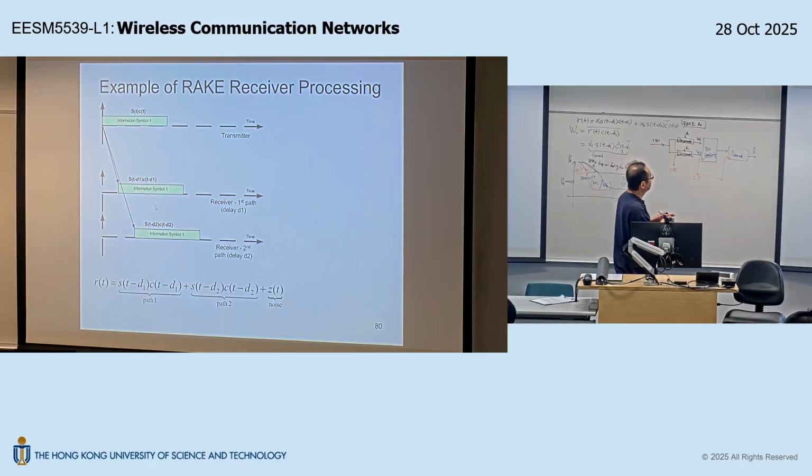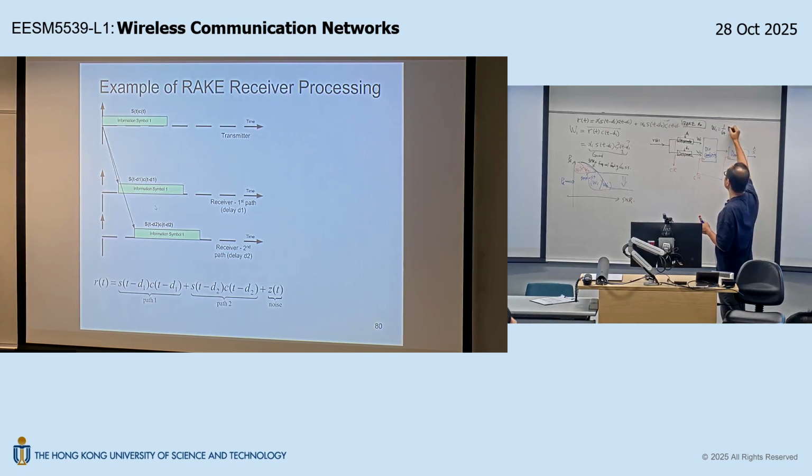Now this despreader, if I try to write down the processing equation, it's simply like this. I'm using 64 as my example spreading factor. So W1 is 1 over 64, summation over i from 1 to 64 of r(t_i) times c(t_i minus d1), for example.